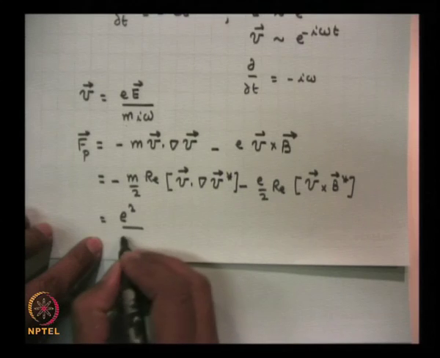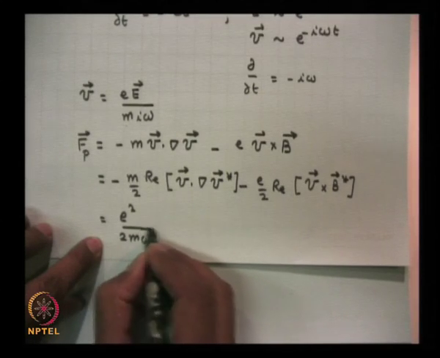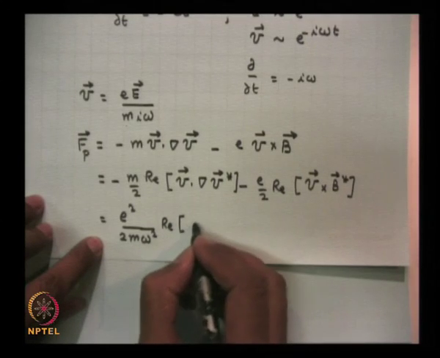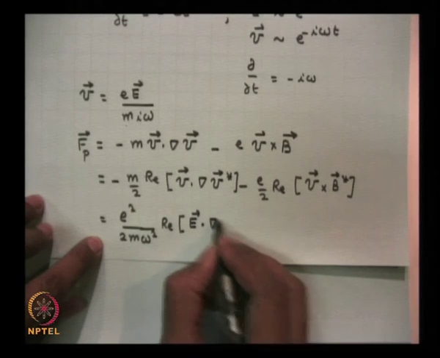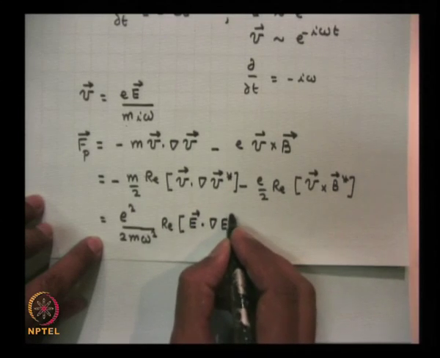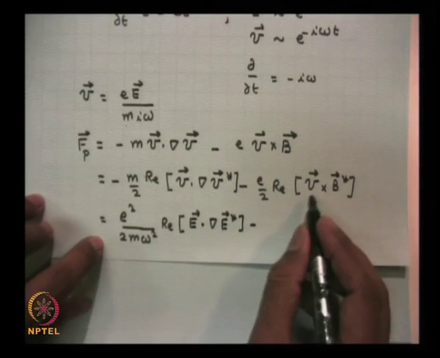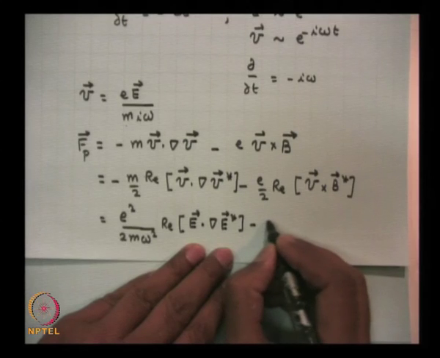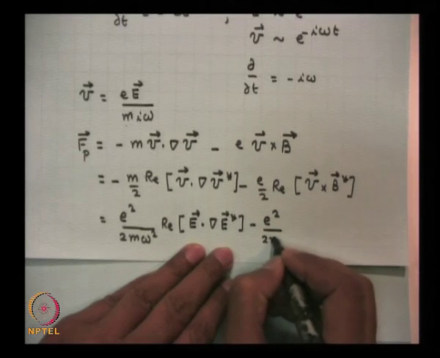So, e squared upon 2mω squared will be common, and it will be real part of E dot del E star minus, if I put the value of v again here, it becomes e squared upon 2m.